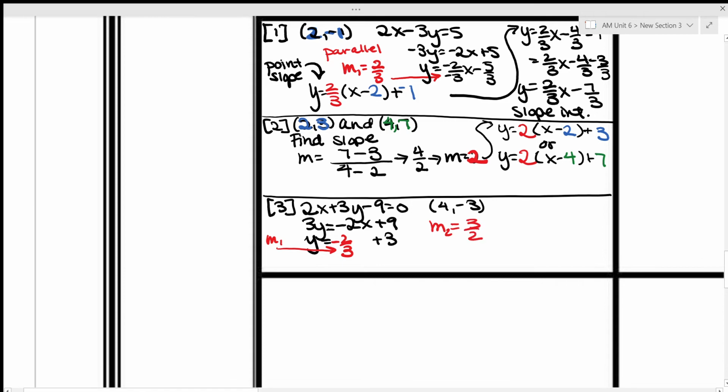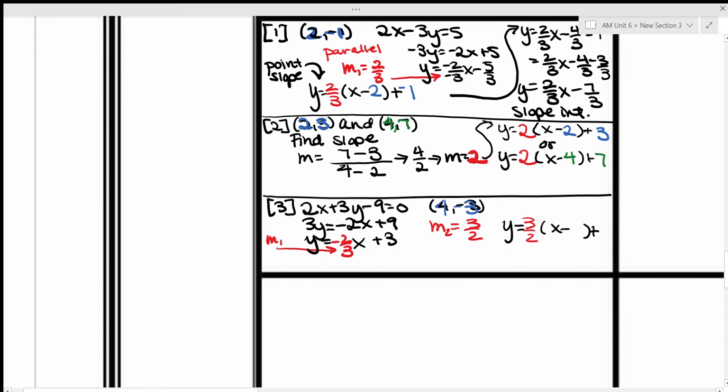And then we're going to plug it into our equation. Okay, so now I'm going to plug it in. I'm going to end up with y equals m times x minus h plus k. My m is that 3 over 2. I only have 1 point to choose from this time, so we just need to get the equation.